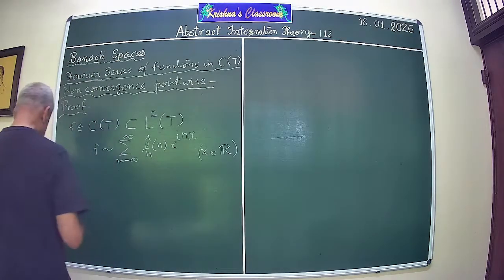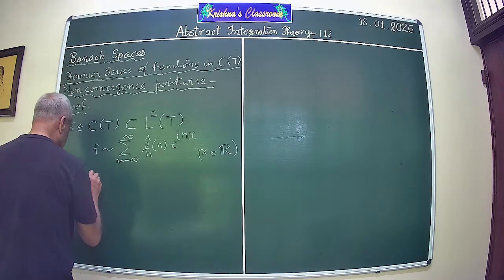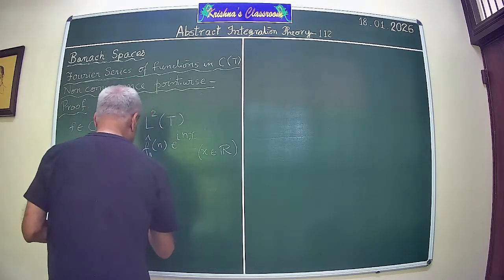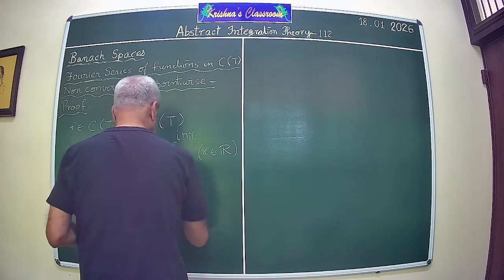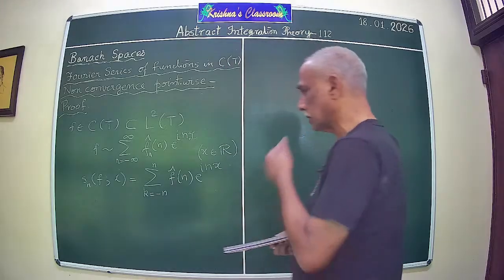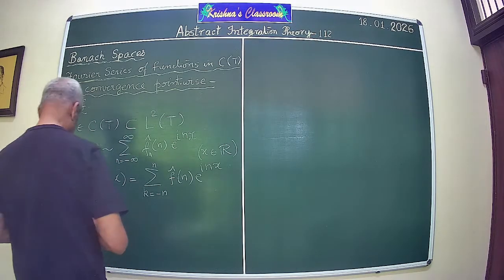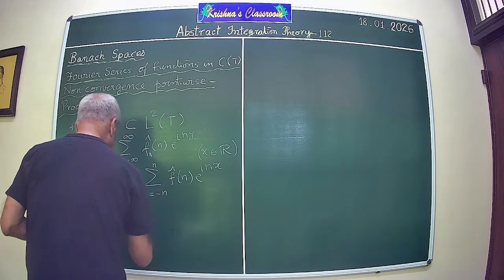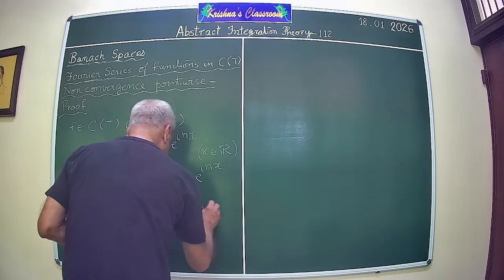The notation is this, that we can estimate the partial sum Sn for the function f at the point x, which is equal to the sum from k equal to minus n to plus n, and this can be estimated to be equal to one upon 2 pi, integral from minus pi to pi of f(t) Dn(x minus t) dt, where Dn is a kernel.